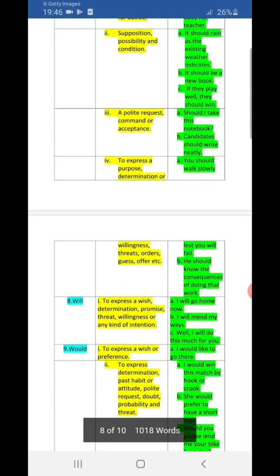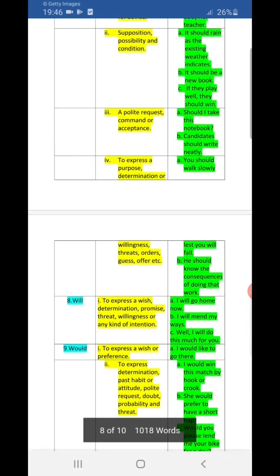So it's a purpose or it's an advice. Next one. Number B.